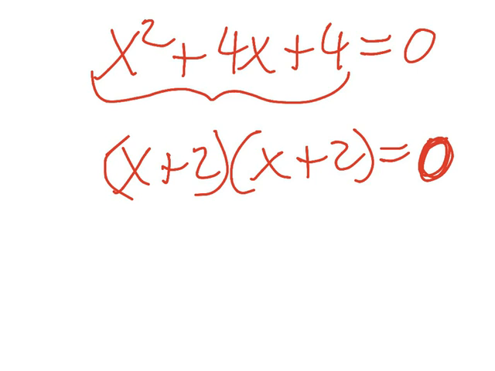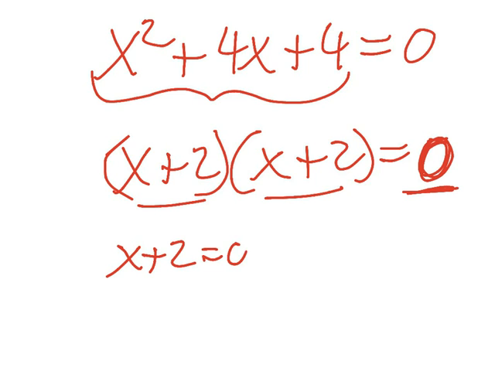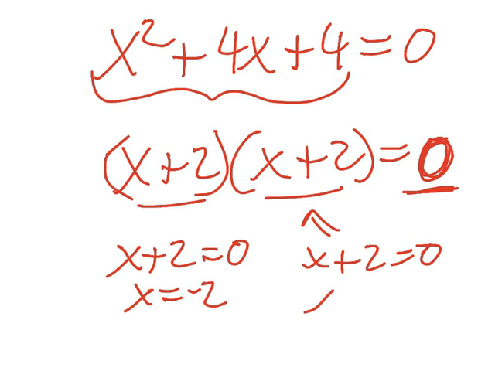So in order for this to equal 0, one of these two terms, or both of them, have to be 0. So we solve them for 0. If x plus 2 is equal to 0, that means x is equal to negative 2. And the same here. x plus 2 is equal to 0, then x is equal to negative 2.